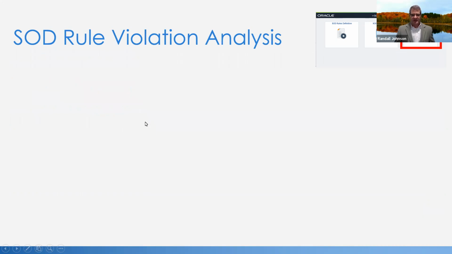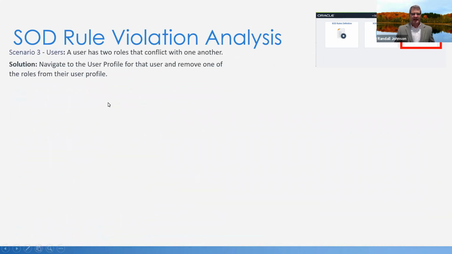Finally, once those are fixed, we look at the users, the individual user. And at this point, we're looking at users who have two roles that should not coexist, because we know the permission list is not the issue. We fixed that. We know the individual roles are not the issue. We fixed individual roles with violations.